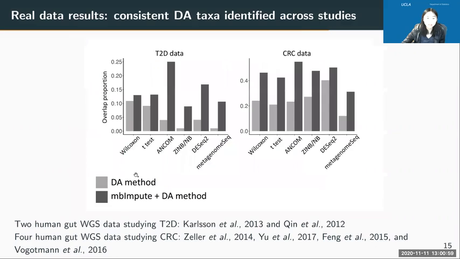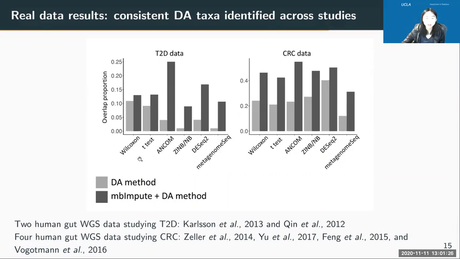The second result is again about the DA analysis. So what we do is that for the T2D data, we have 2 studies. And for the CRC data, colorectal cancer data, we have 4 studies. And we evaluated the consistency of the DA taxa identified from each study. So our hypothesis is that if the DA taxa identification is accurate, then we should have some consistency across studies.